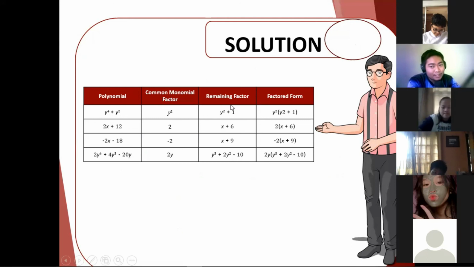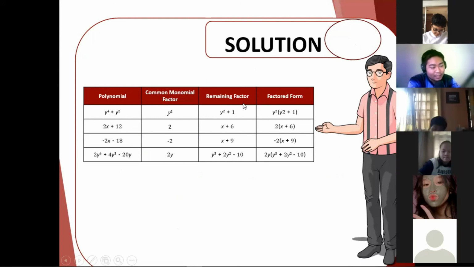And then what will be the remaining factor? The remaining factor of this would be y squared plus 1. So what would be the factored form? Pagtabihin lang: y squared times y squared plus 1.